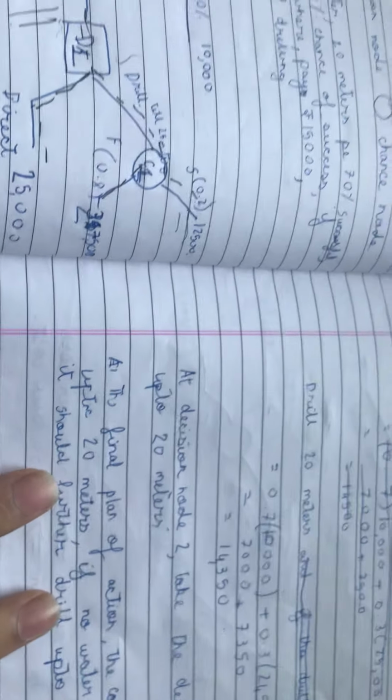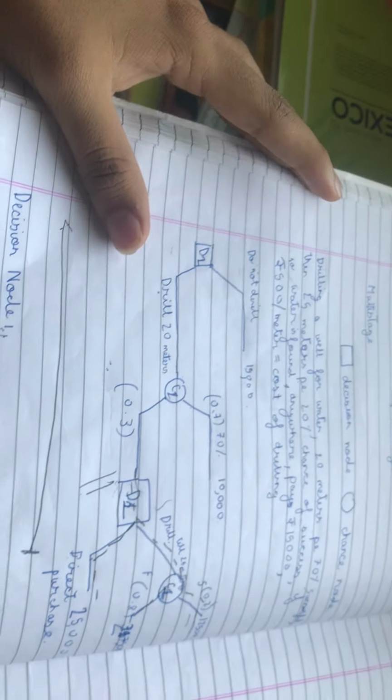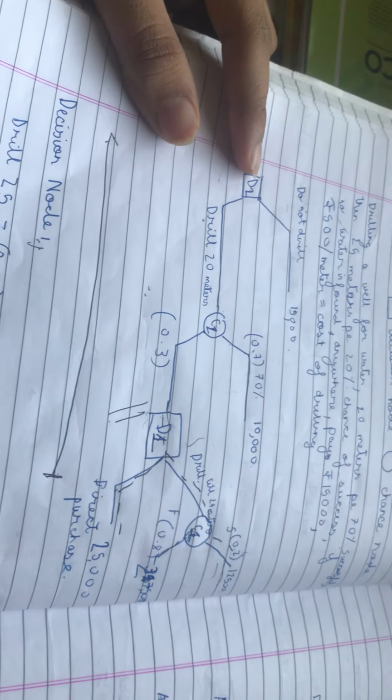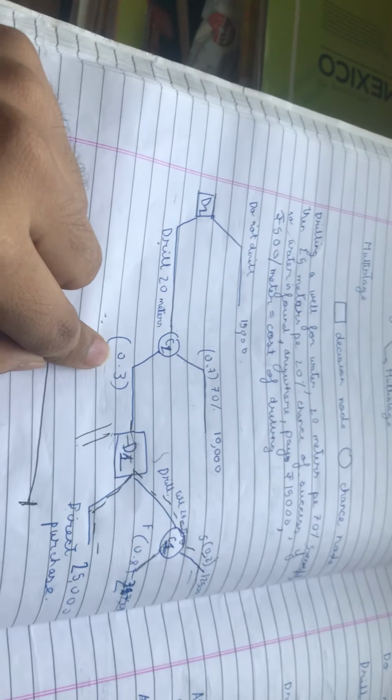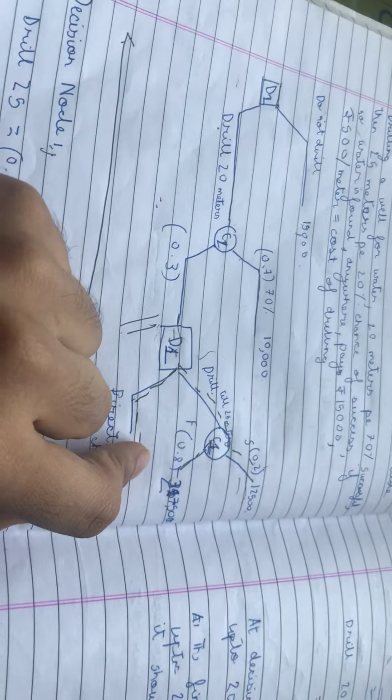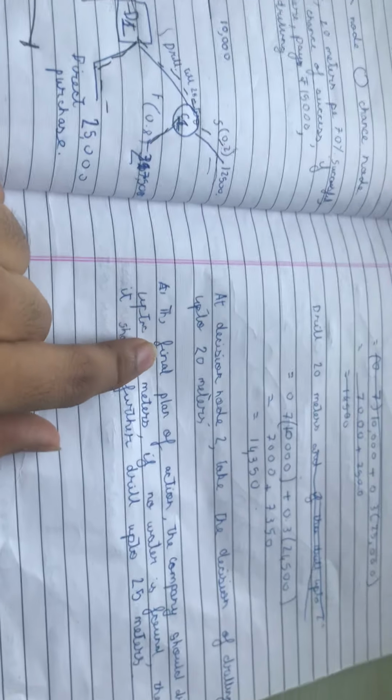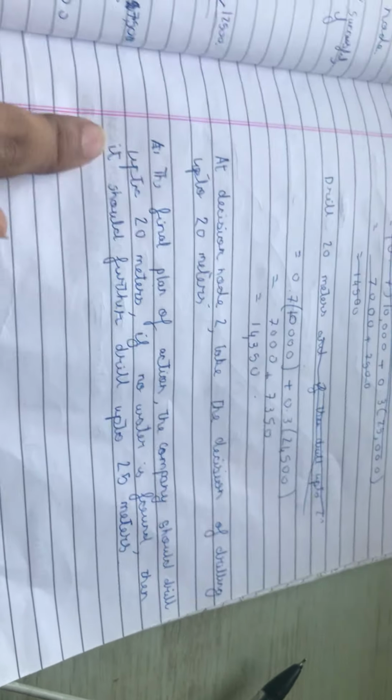Now the final conclusion is the entire big thing. What did we conclude? At decision 1 they should be drilling up to 20 meters, and if they do not find water then they will drill up to 25 meters, after which if they do not find water they will directly purchase. You write that the final plan of action: the company should drill to 20 meters.